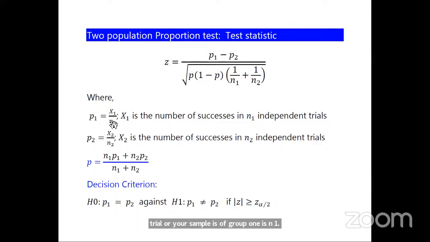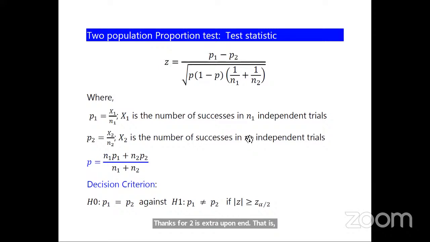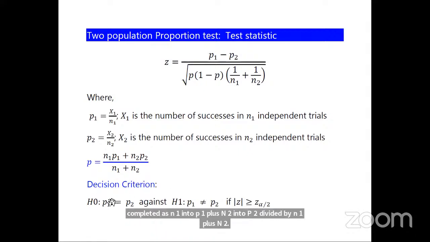So out of that N1, how many are of the type of whatever the characteristic is under study. And P2 is X2 upon N2, where X2 is the number of successes in N2 independent trials, or N2 is the sample size of your second group. Then this P is computed as N1 into P1 plus N2 into P2 divided by N1 plus N2. I hope it is clear to everyone.